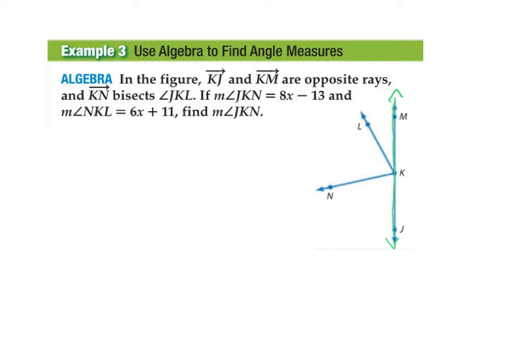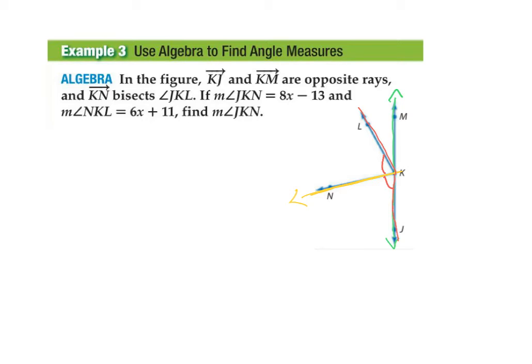KN, here is my ray, bisects JKL. So JKL is my angle in red. I know because of the definition of angle bisector already that these two have to be equal to each other or have to be the same amount.